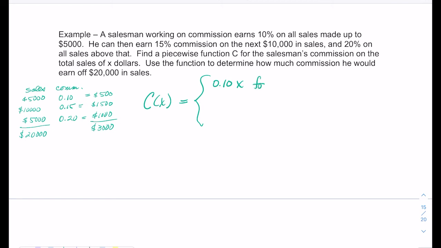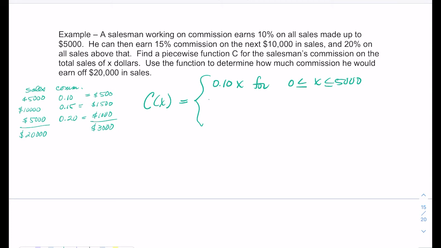And then we have to put our constraints, so our domain, right? It says on all sales up to 5,000. So it's going to be 0 is less than or equal to x, which is less than or equal to 5,000. So once you hit $5,000 in sales, then you can start making 15% commission on the next $10,000 in sales.